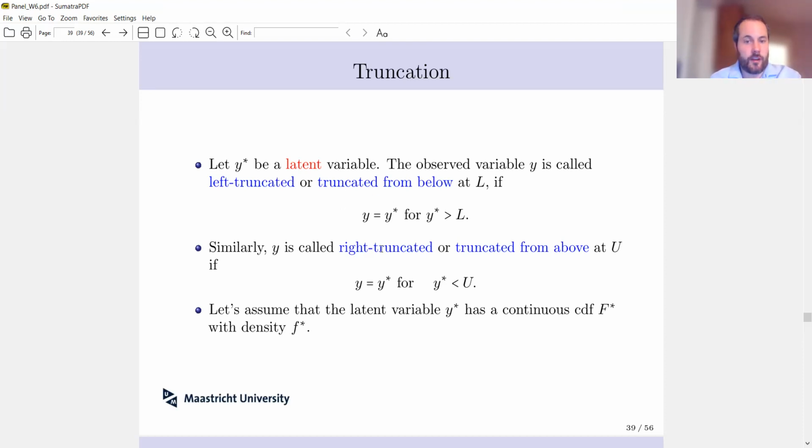The same story happens with right truncation, or truncation from above, with U, which is upper. It's the same thing. Now you would assume that this latent variable has a continuous CDF with some continuous density F star.